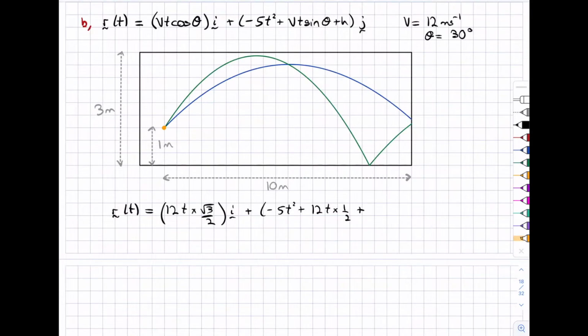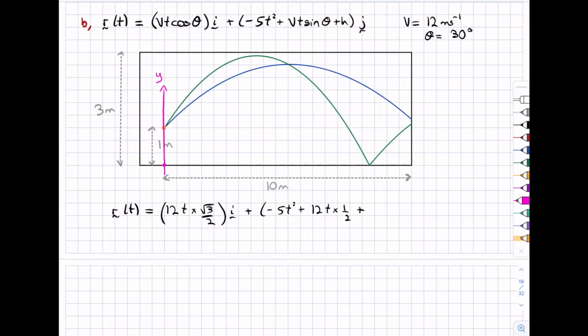Now what's h? It tells us in the question that this equation that they've given us, this displacement vector, applies when the object is projected from a height h meters above the origin. So in this scenario, we can basically take our origin to be this point here. And so that height is 1 meter, so h is 1. So if you like, we've actually got some axes here.